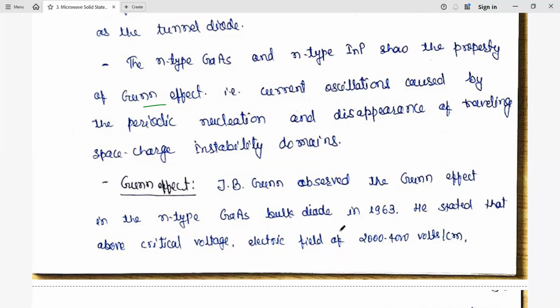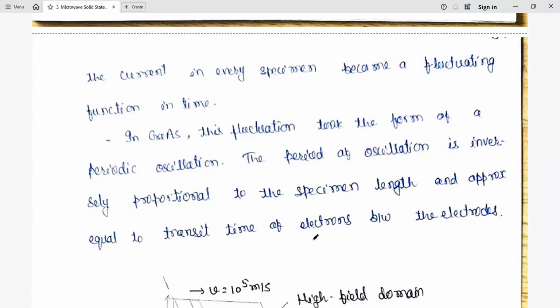He stated that above some particular critical voltage, not at normal voltage, with an electric field of about 2000 to 4000 volts per centimeter, the current fluctuates as a function of time. In gallium arsenide this fluctuation takes the form of a periodic oscillation, whose frequency is inversely proportional to the specimen length.